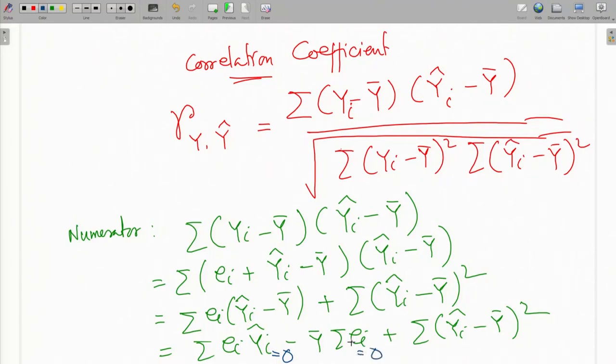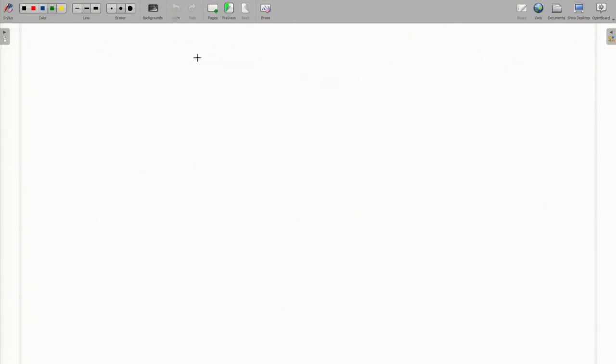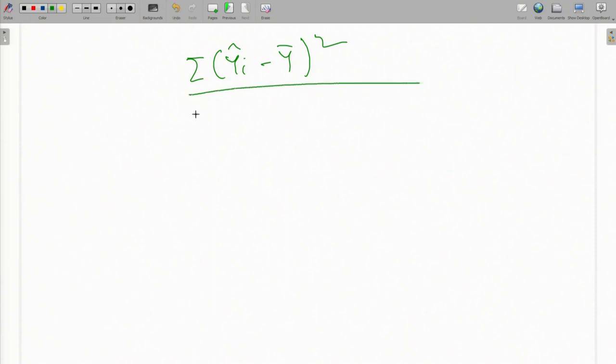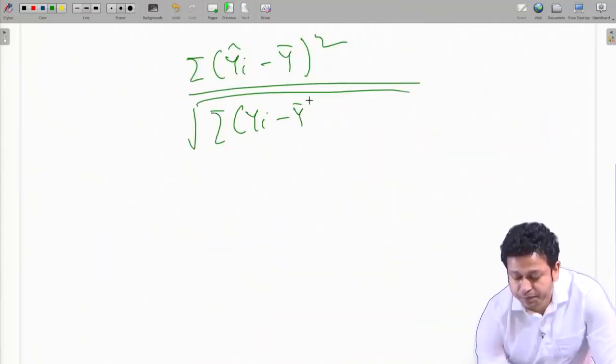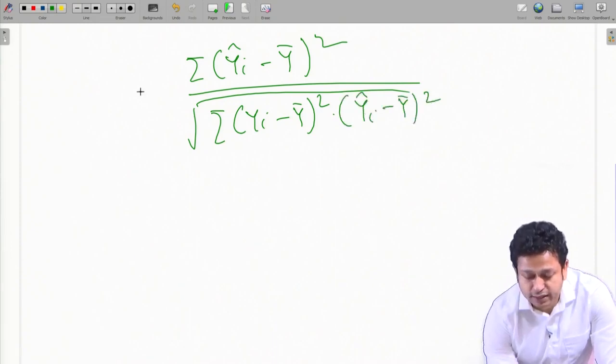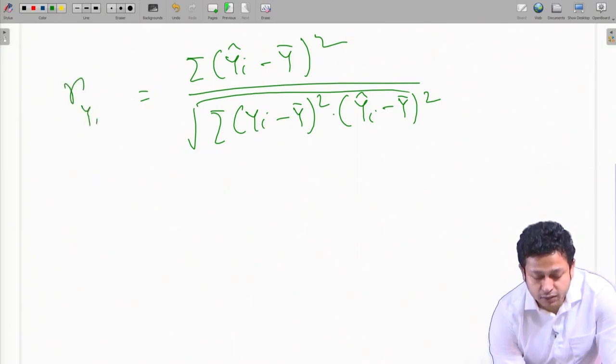So, essentially my numerator is going to be, I will use the next page, summation of (yi hat minus y bar) whole square, that is my numerator. And my denominator is as it is. So, let me write down the denominator: summation of (yi minus y bar) whole square into (yi hat minus y bar) whole square, and that is nothing but my r y hat.